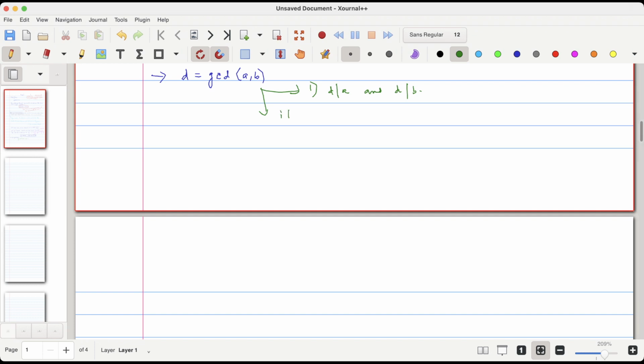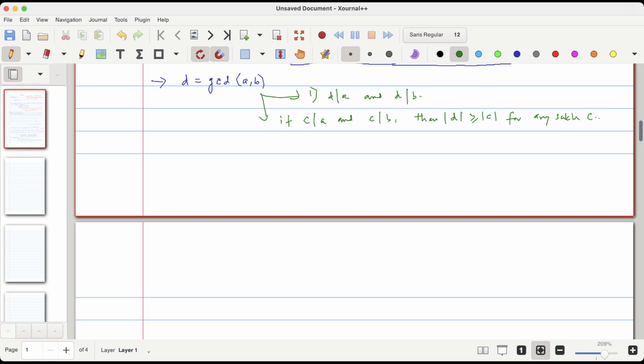Also, if C divides A and C divides B, then D is greater than or equal to C, for any such C. So what does it mean? That D is the greatest of all common divisors of A and B, and D is a common divisor of A and B. Two conditions for it to become the GCD, right?